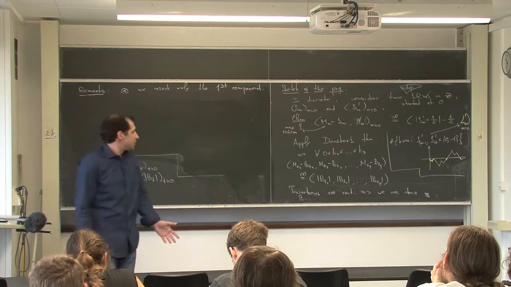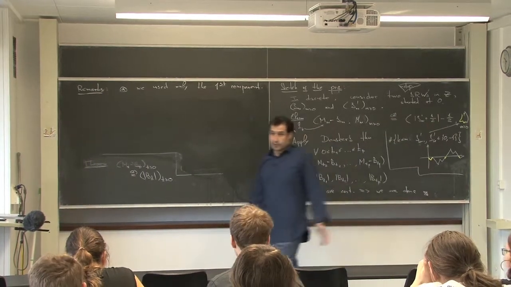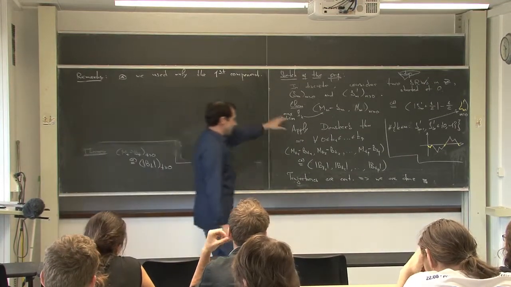And what is very tempting is to say that actually there is an analog of this statement for the Brownian motion itself. The answer is yes, there is an analog.